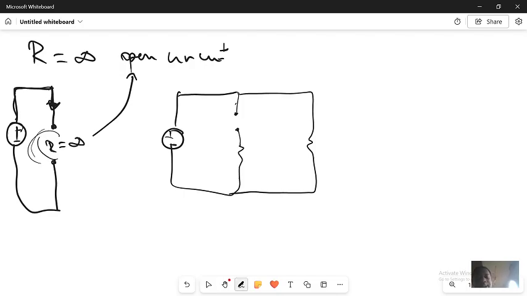If there is an open circuit, there will be no current flowing here. The current will only flow here. But if I have only opened here, and I close here, the current will pass here, but no current will pass here.